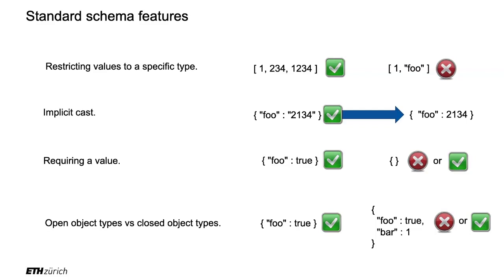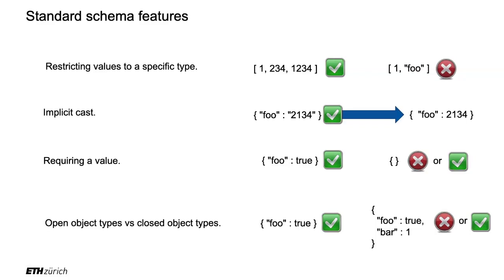So in that case, it's a cast because we have the string 2134. We cast it to the integer 2134. This is done implicitly. When you validate against an integer, it's going to force the cast. This is what I called annotation earlier, basically. The third thing we can do is require a value. I can say foo is required, or I can say foo is optional.